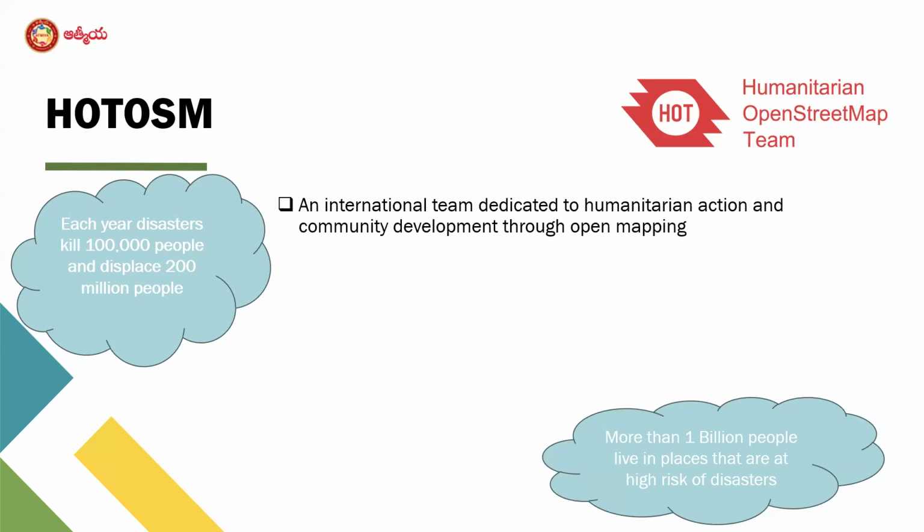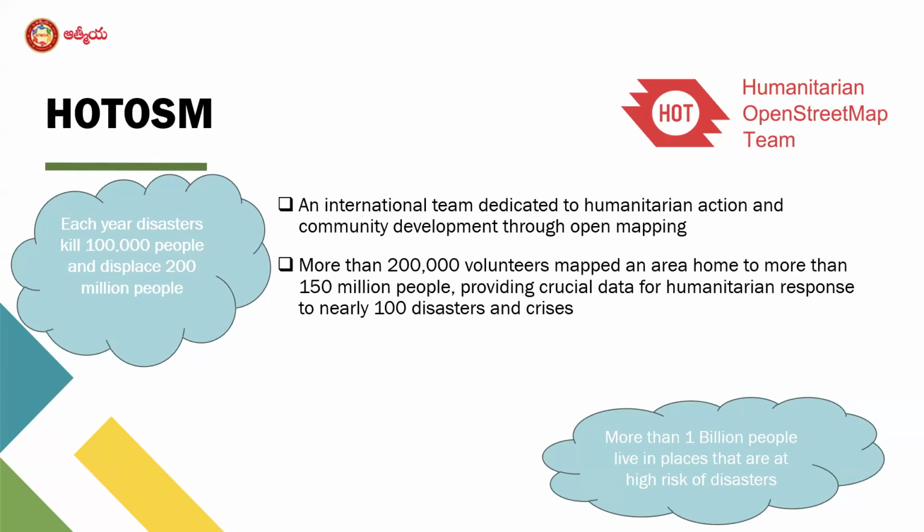And to solve this, they created a team called Humanitarian OpenStreetMap Team. We do humanitarian action through our computer in a process called open mapping. I'll elaborate more on what this is later on during the mapping process. But for now, I'll just say that's the type of volunteering you will be doing in this program.